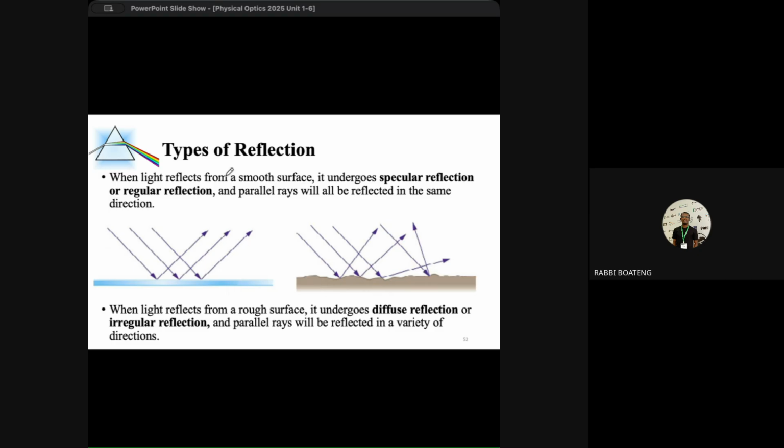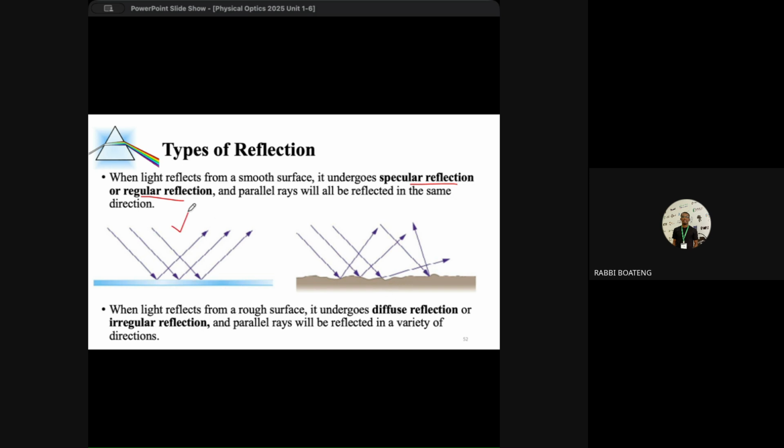Now, we can also categorize reflection into two: the regular or specular, and the diffuse or irregular.